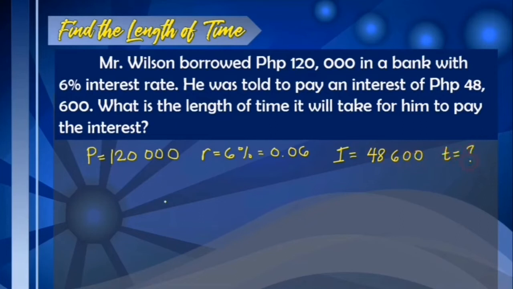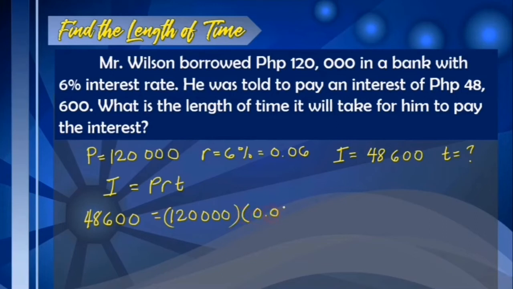Following the same formula, I equals P times R times T, substitute all the given values. So we have 48,600 equals 120,000 times rate, which is 0.06, times time. Multiply all the values on the right side.